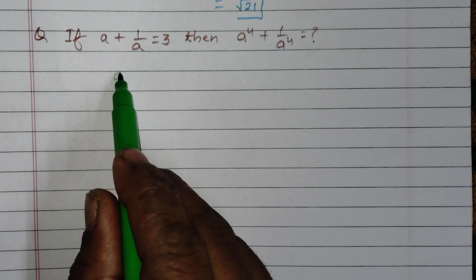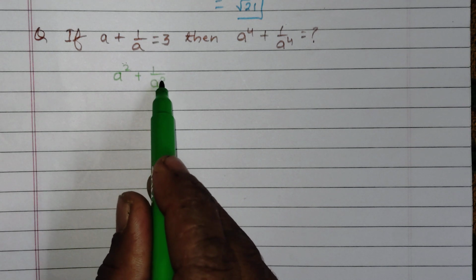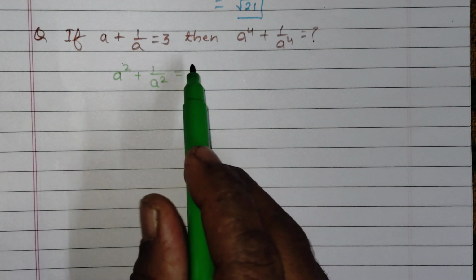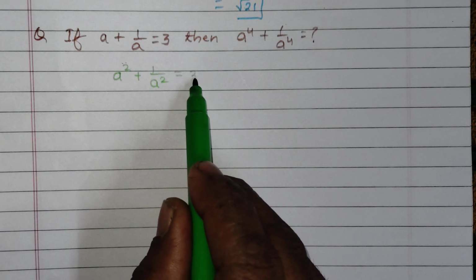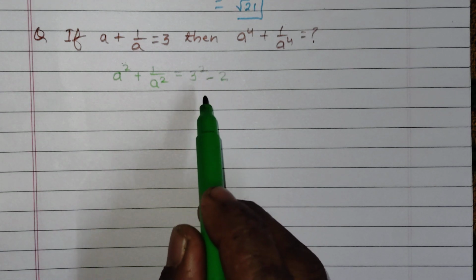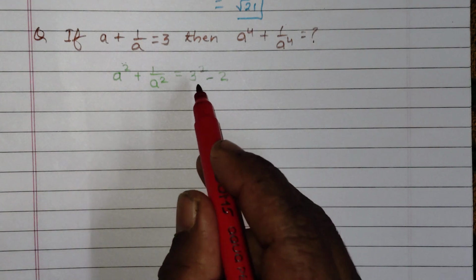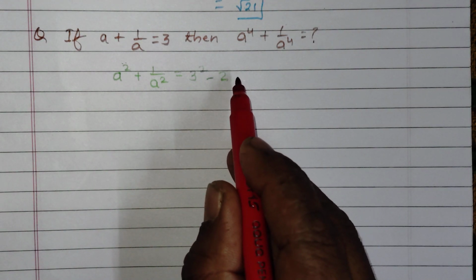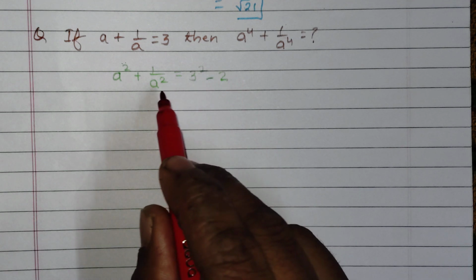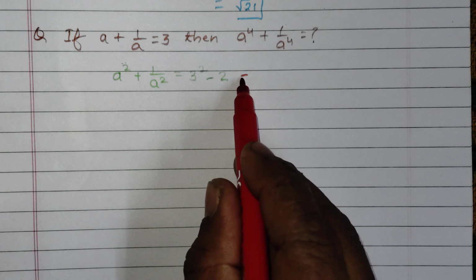Now squaring, a square plus 1 upon a square is equal to 3 square and then minus 2. This is the formula. So according to this formula, 3 square is 9, minus 2 we get 7. So a square plus 1 upon a square is equal to 7.